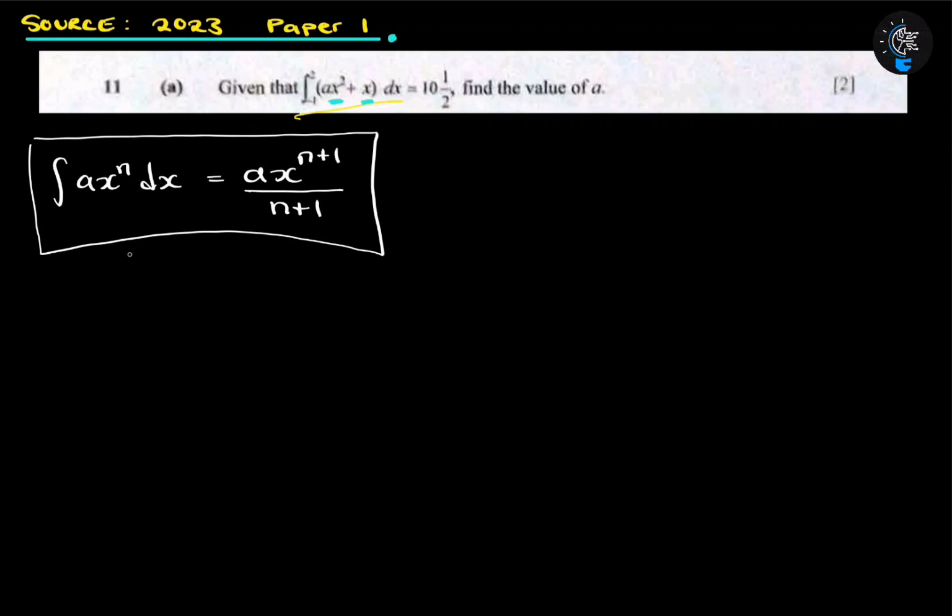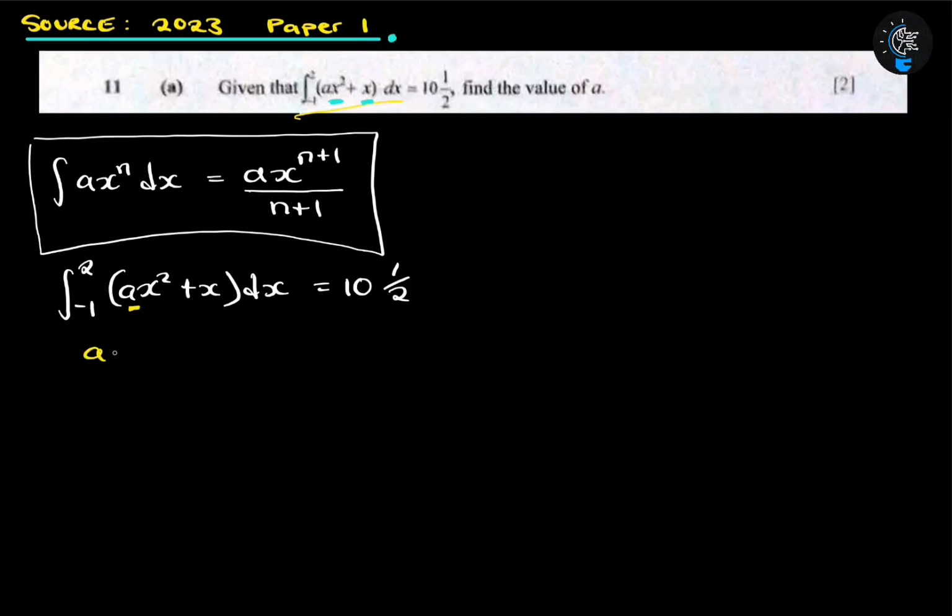Okay, let's handle the question. The integration with limits 2 and negative 1 of ax squared plus x dx is equal to 10.5. And we are told to find the value of a. That's our focus. What you need to do is add 1 to the power 2.